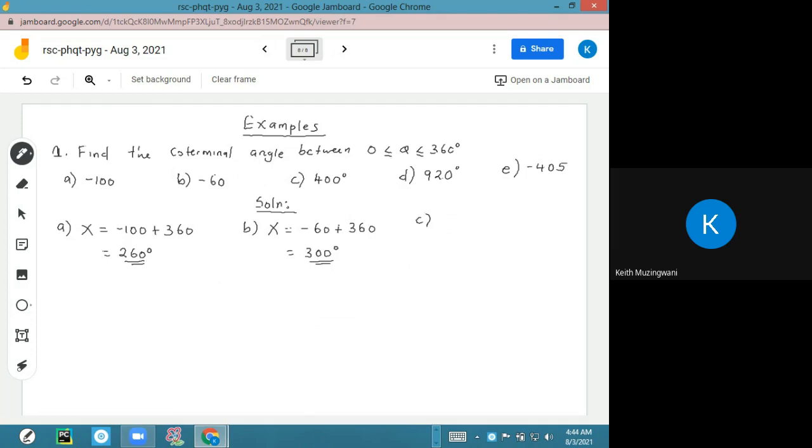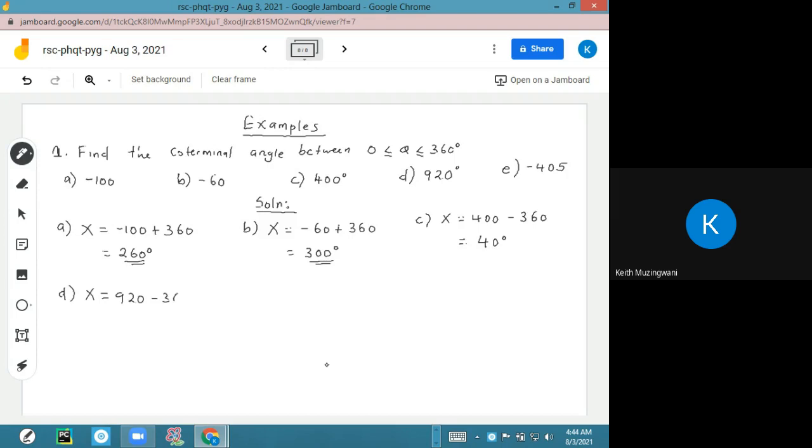Let's go to C. We have 400, above 360. So we'll subtract 360. So what are we getting? We are getting 40. If we go to D, we have 920.